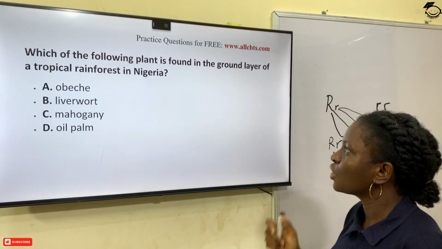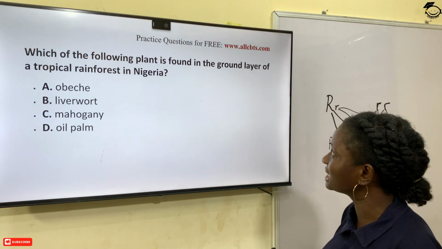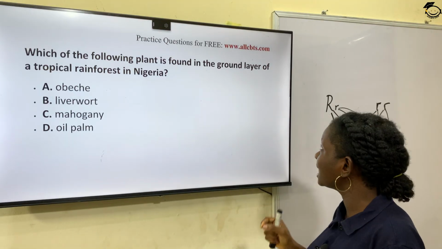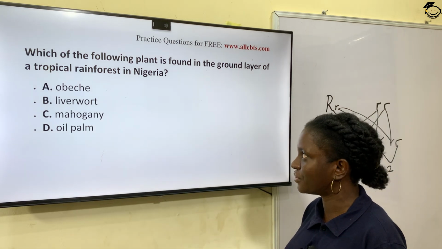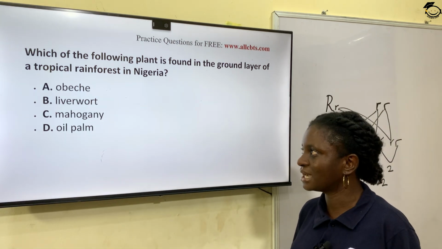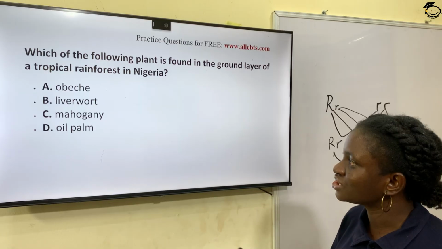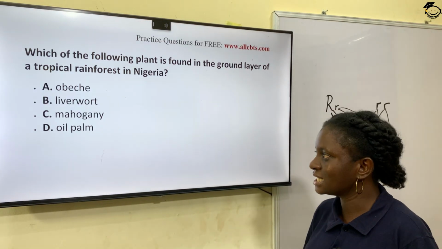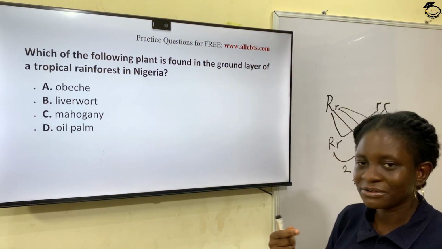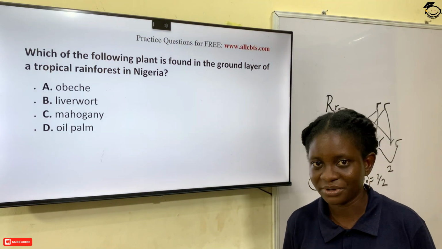Next question. Which of the following plants is found in the ground layer of a tropical rainforest in Nigeria? A, Orange, B, Liverwort, C, Mahogany, D, Oil palm. When we say rainforest, that's a humid area.